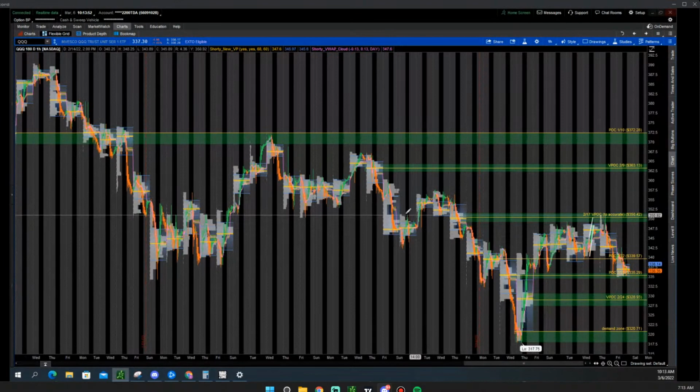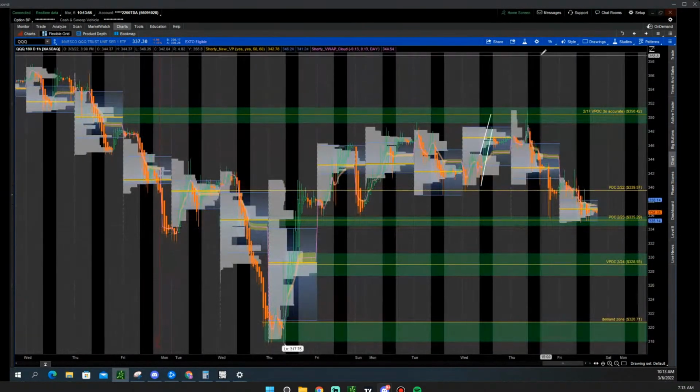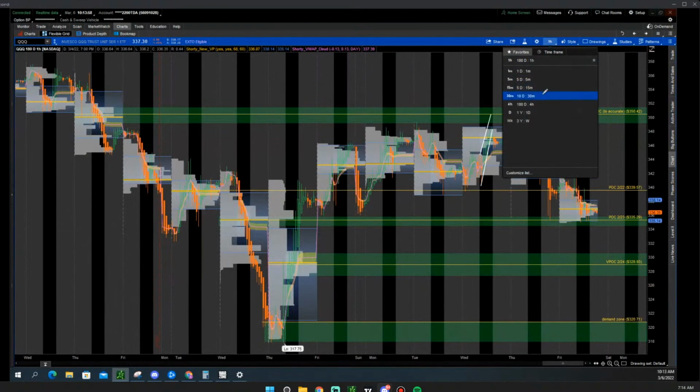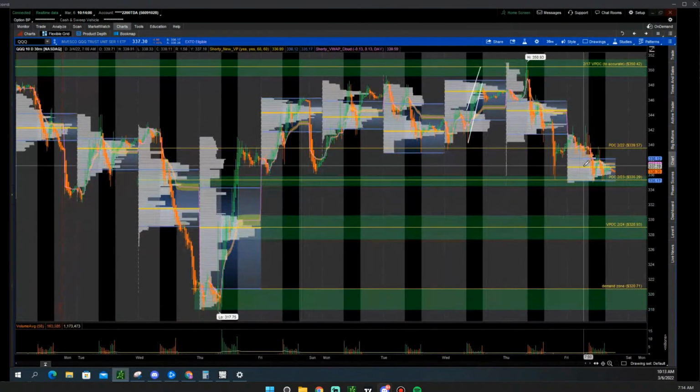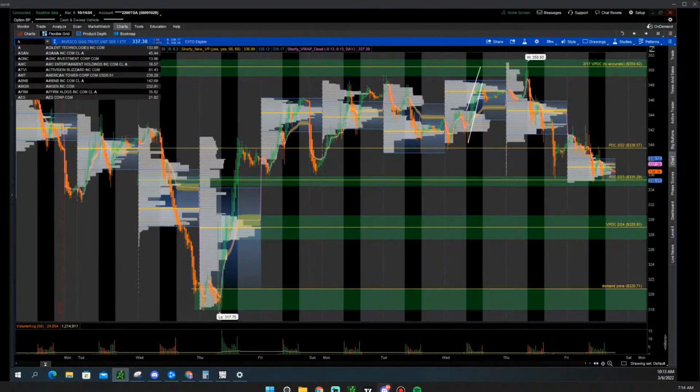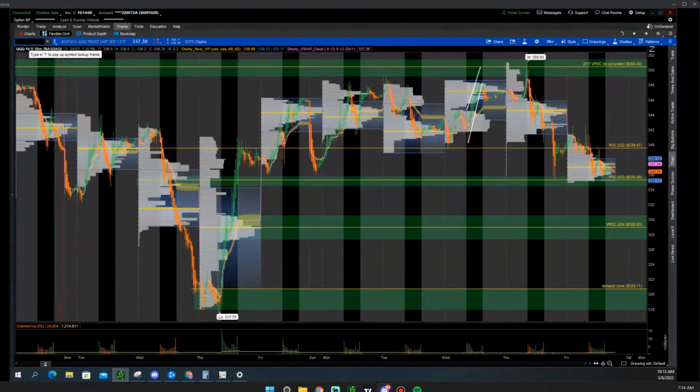You want to keep them within 30 days, and I usually mark the fresh ones. Obviously, I look at it every day when we are done with the trading, to see if it created a VPOC. I believe some of the stocks did. There was one that created it. I was watching it.